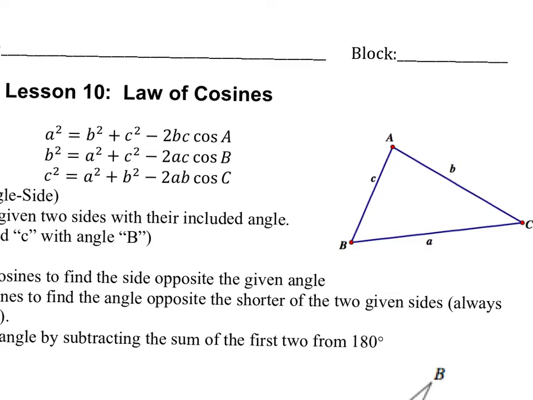So if we see what we're dealing with here, it's ideally suited for when you're trying to solve for a side, but you're given two other sides with an included angle. Okay, so a side angle side position is really ideally suited for law of cosines.